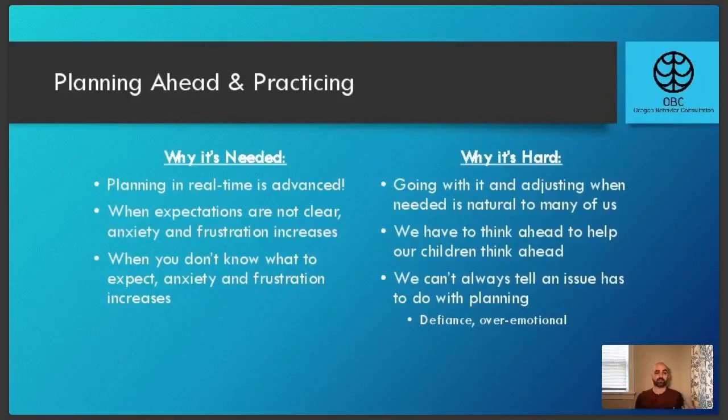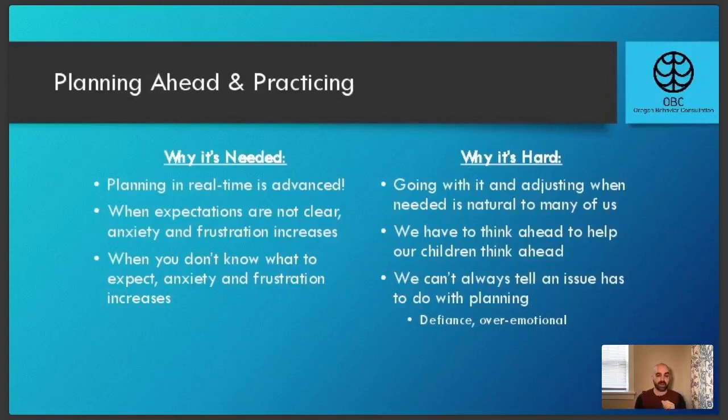So you might get these responses that might look like opposition, that might look like refusal, but it's really an anxiety response. And that can happen when expectations aren't clear or when you just don't know what's happening or you don't know what to expect. So it's important that we take steps to help the person know.